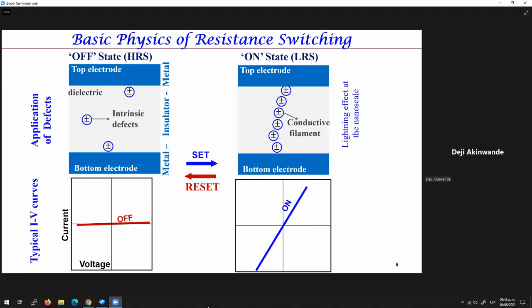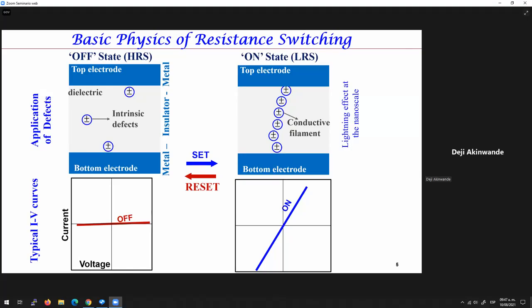This is very similar to what we see at the nanoscale in solid materials. When you apply a high electric field, you can ionize the dielectric or insulator, and in its wake, you leave behind a conductive path or filament. So that leads to high current flowing. So this is what is known as the on state or the low resistance state.